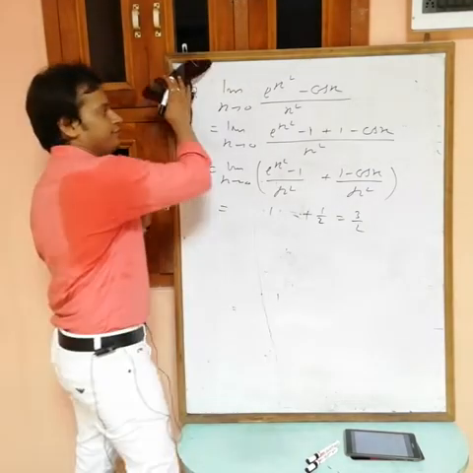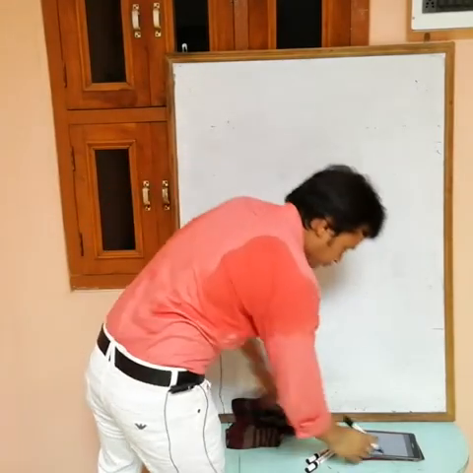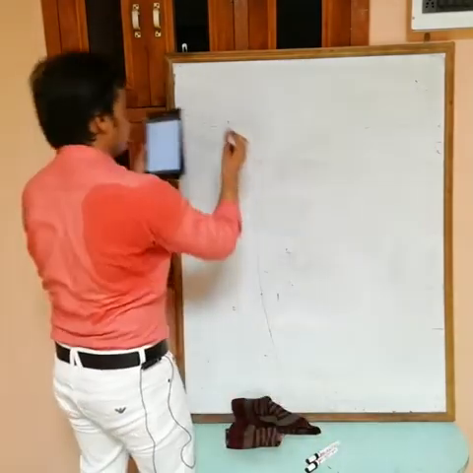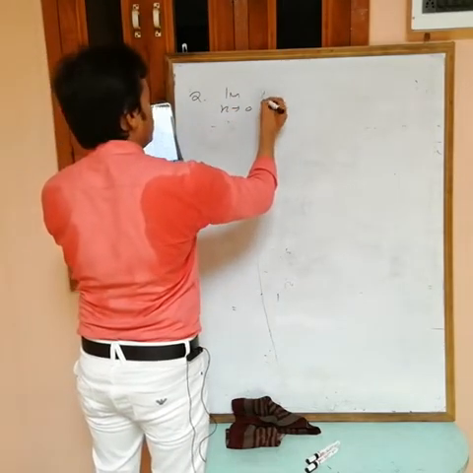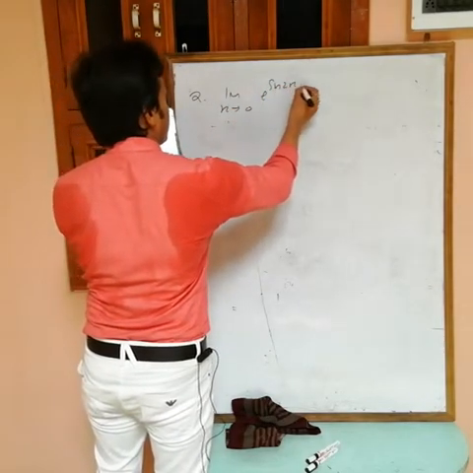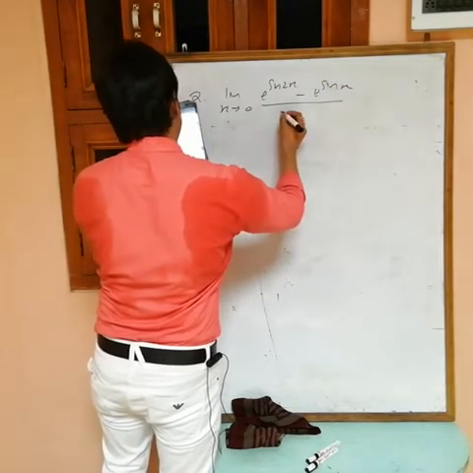Now the last question. Limit x tending to 0 of (e^(sin 2x) - e^(sin x))/x.